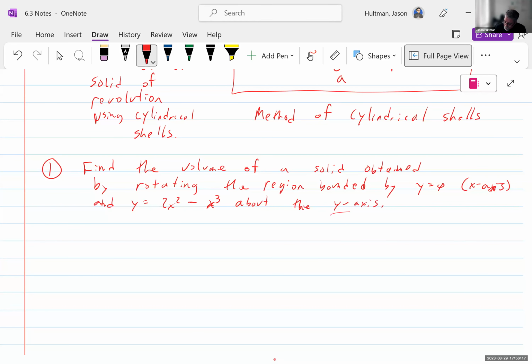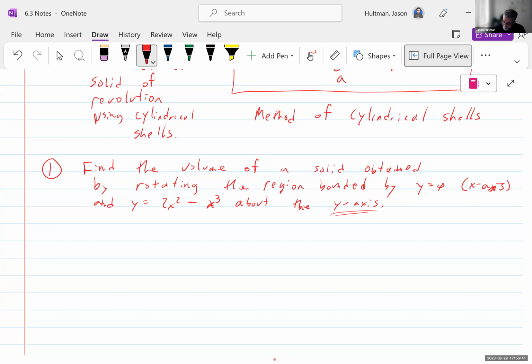And I really like the y-axis when I have a function of x, because this method lends itself nicely to the y-axis, especially when I have things solved for y. I'll talk about the rule after we do this problem.